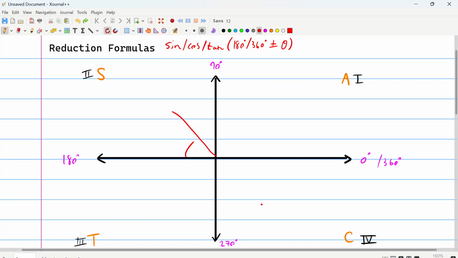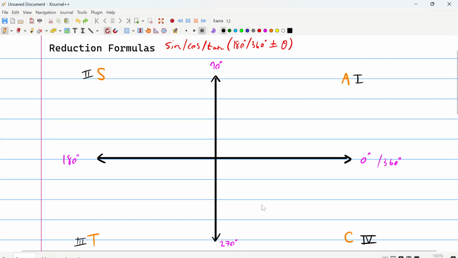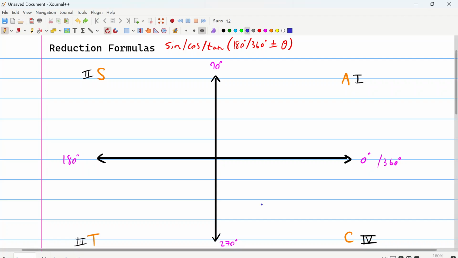Okay, so let's draw our trig ratios over here. With our trig ratios, the ones that we usually look at is in this order. So sine of 180 degrees minus theta. Just note that this quadrant is 180 degrees minus theta.